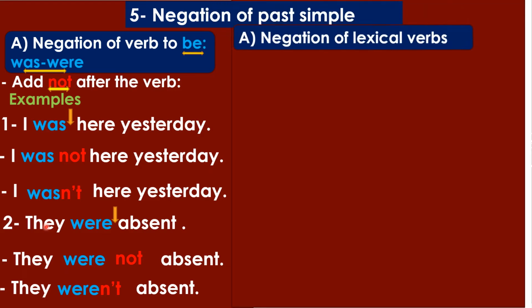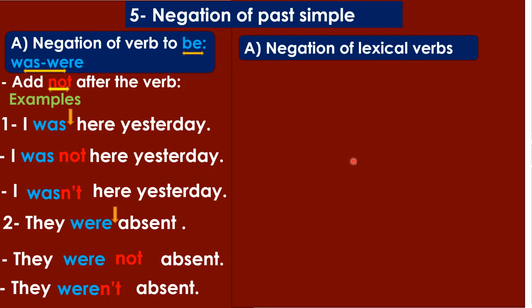Okay, now let's move to the negation of the lexical verbs. And by lexical verbs we mean verbs like visit and go. دي طبعا الأفعال اللي هي لها معنى. هنشوف هننفي الأفعال اللي لها معنى. The visit, and by the way, visit is a regular verb and go is an irregular verb. طبعا visit فعل قياسي و go فعل غير قياسي, and we talked about this before.